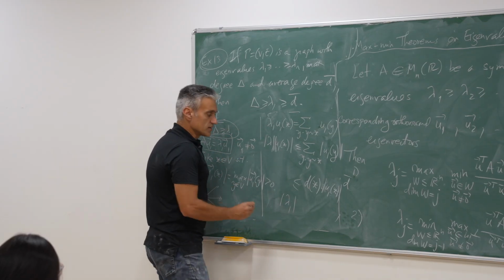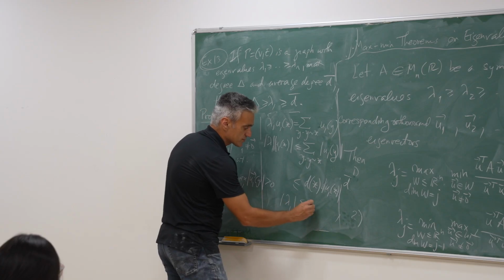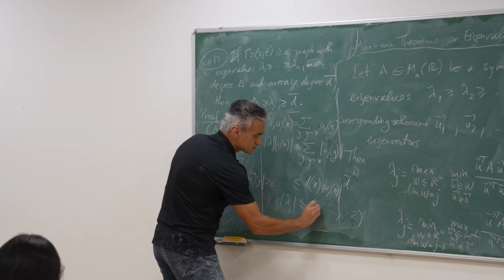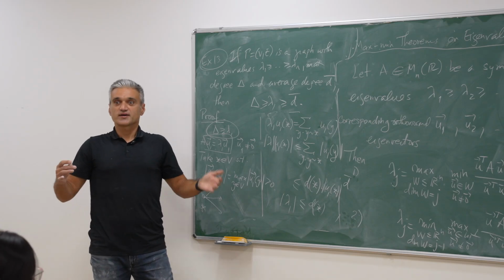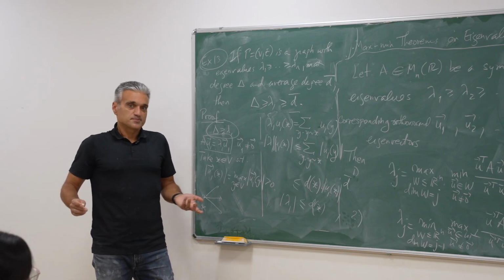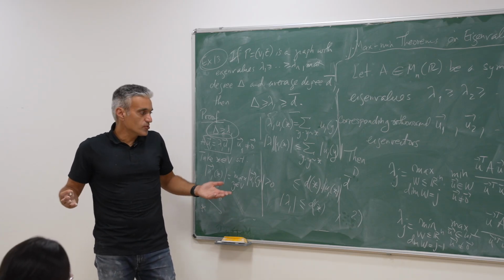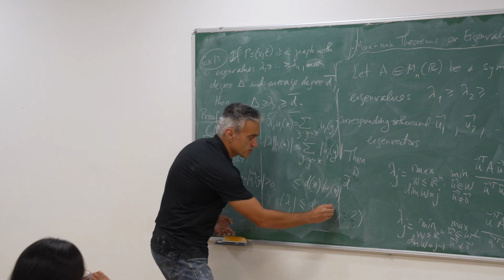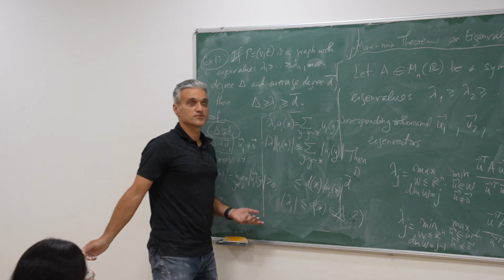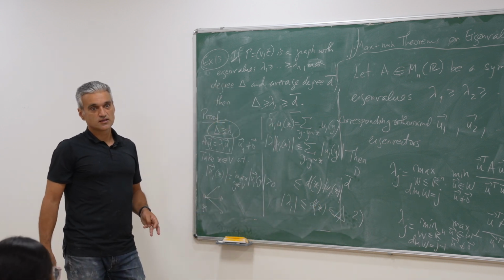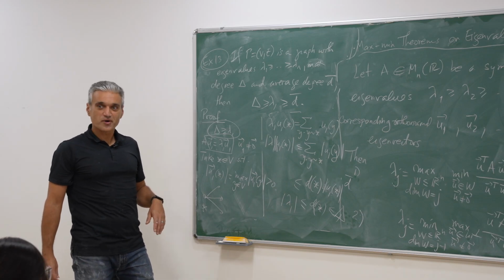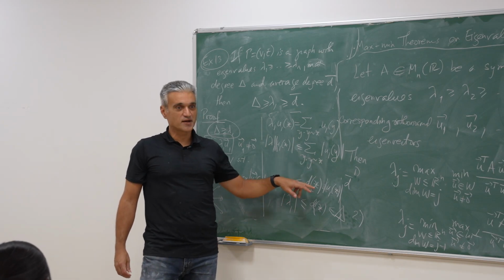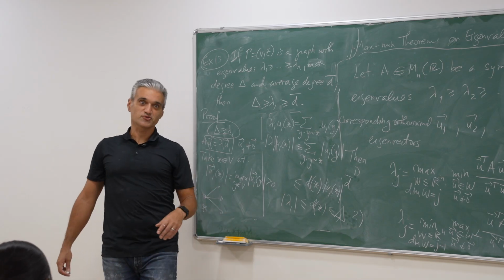You get lambda 1 is less than or equal to the degree of x, where x is a vertex of maximum eigenvector entry. Well, I don't know what degree it has, but I know for sure it's going to be less than or equal to the maximum degree d. Okay? So see if you can build a graph where the maximum eigenvector entry is not at a vertex of maximum degree.